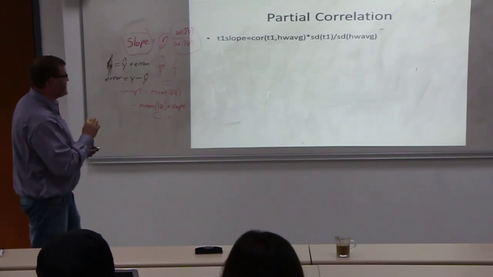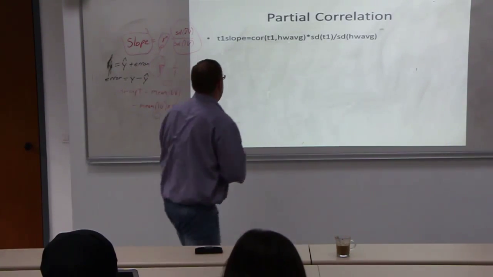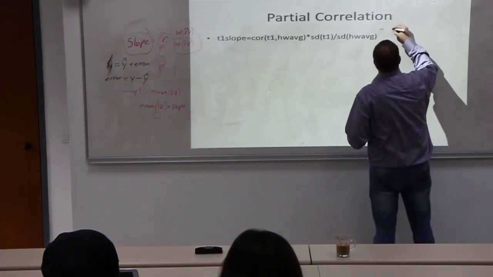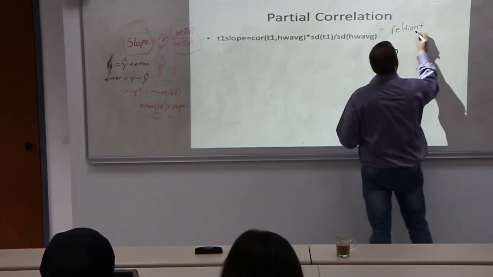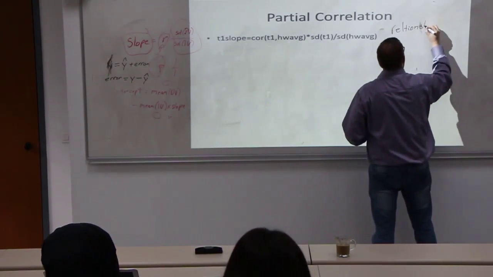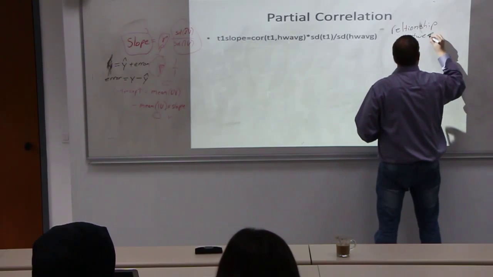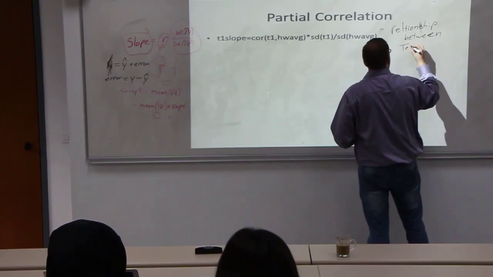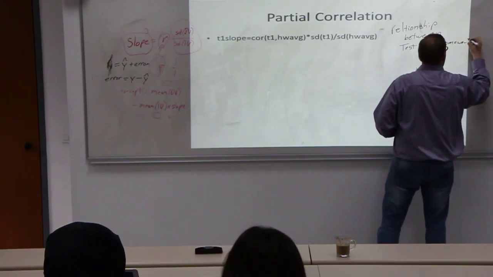So that gives us the slope of the relationship between test 1 and homework. Okay?